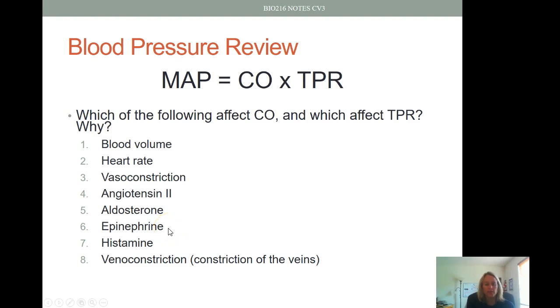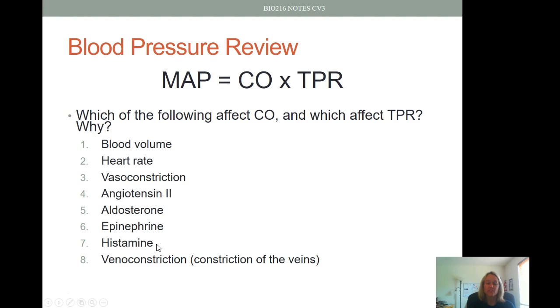Epinephrine. Epinephrine is both a vasoconstrictor, which should cause an increase in TPR. It also causes an increase in heart rate, which is one of the components of cardiac output. It also causes an increase in contractility, which will also increase stroke volume by producing a greater efficiency of cardiac contraction. Histamine.